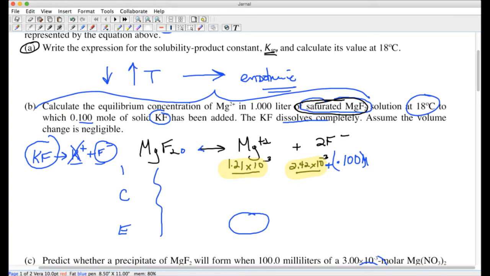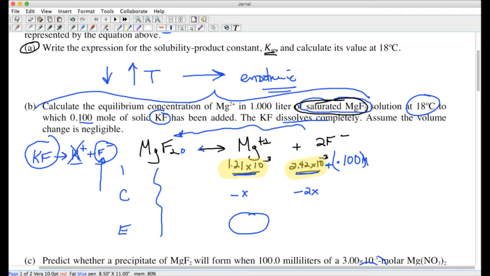Now, what's my change? This is going to be losing something, and this is going to be losing 2x. And you may say, why am I going to lose something? Well, we're going to have an extra amount of stuff here. So we know that there's going to be a shift this way somewhat. This was the amount of stuff we figured out at equilibrium, and now we're adding a bunch more F negative.